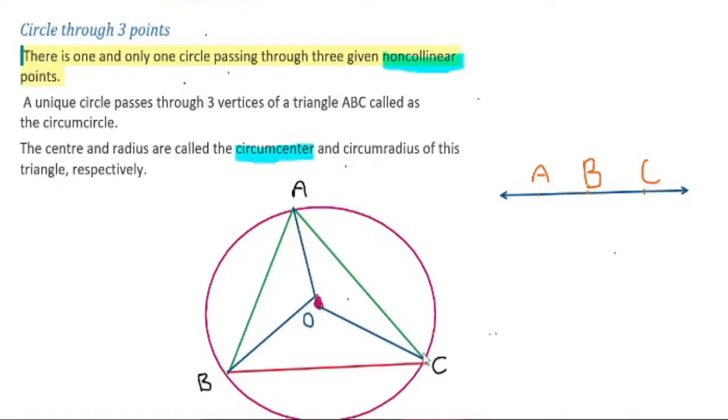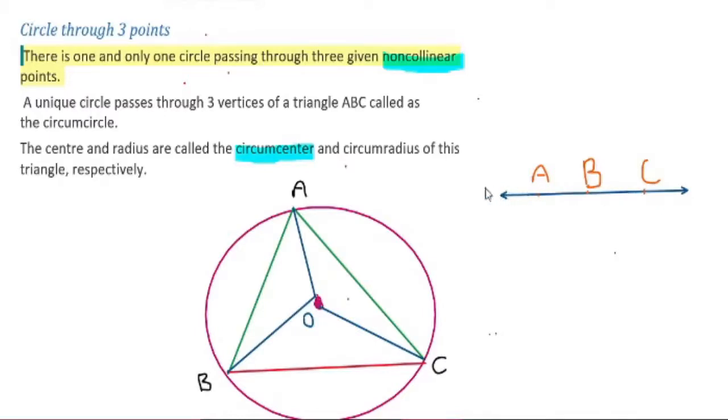These OA, OB and OC are called the radii. So OA is the radius of this circle, and for this triangle we call these the circumradius. So I hope you understand what non-collinear points are, and what circumcenter and circumradius are. So I repeat, non-collinear points mean the points which are not collinear.